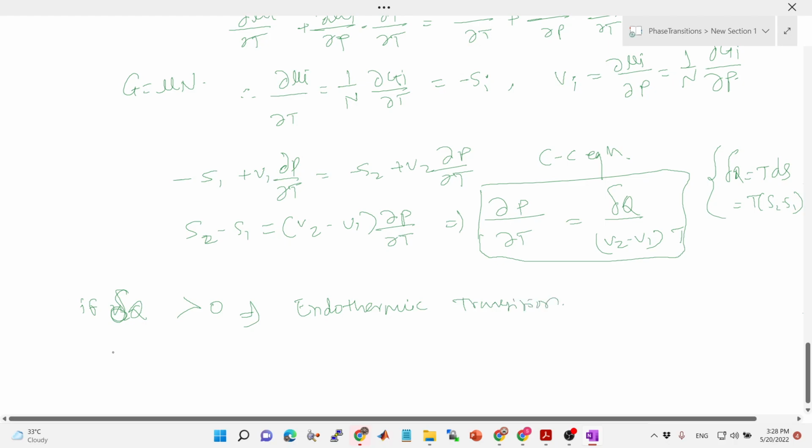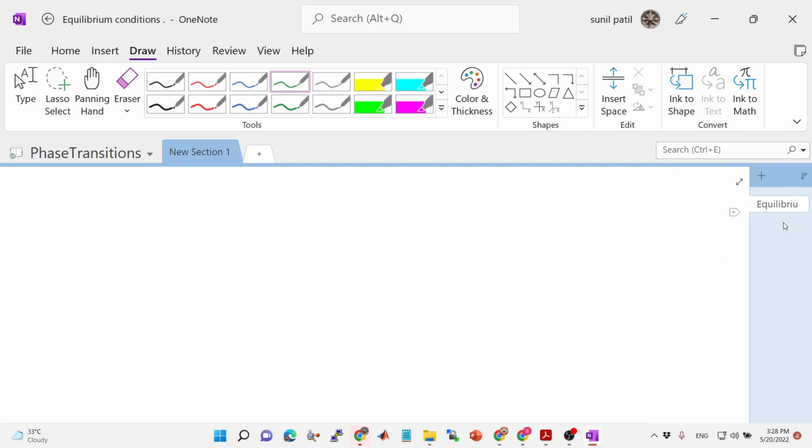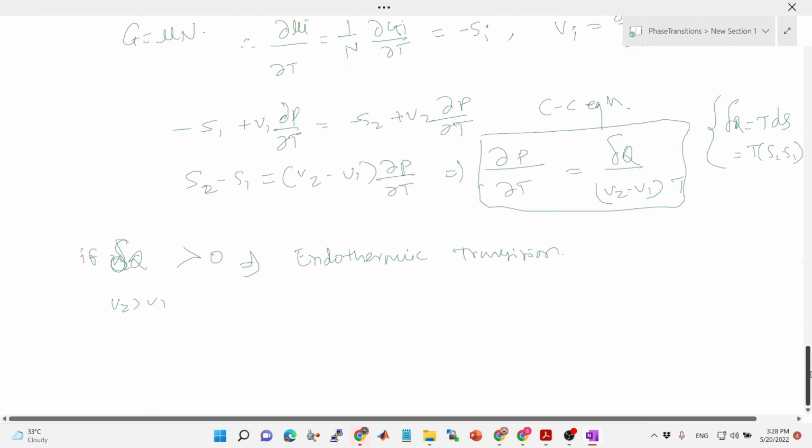Now, if you have V2 greater than V1, look at the Clausius-Clapeyron equation and see what will happen. V2 is greater than V1, which means this will be a positive quantity, and delta P by delta T will be positive.